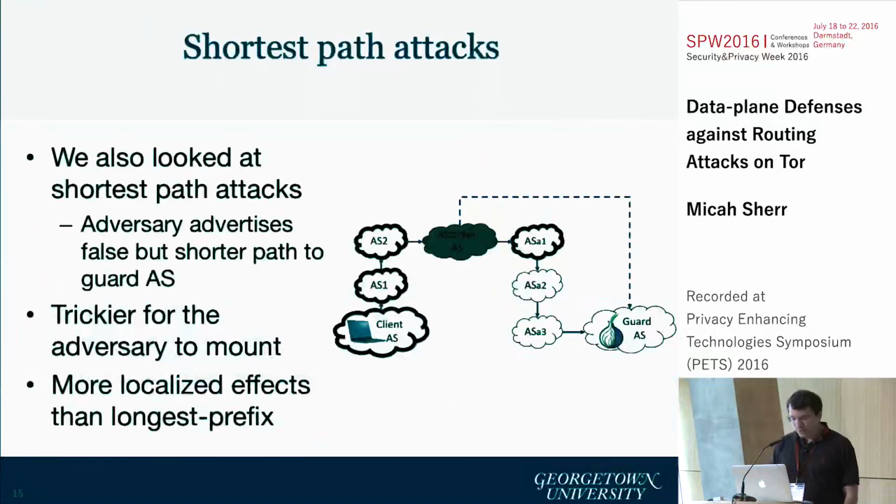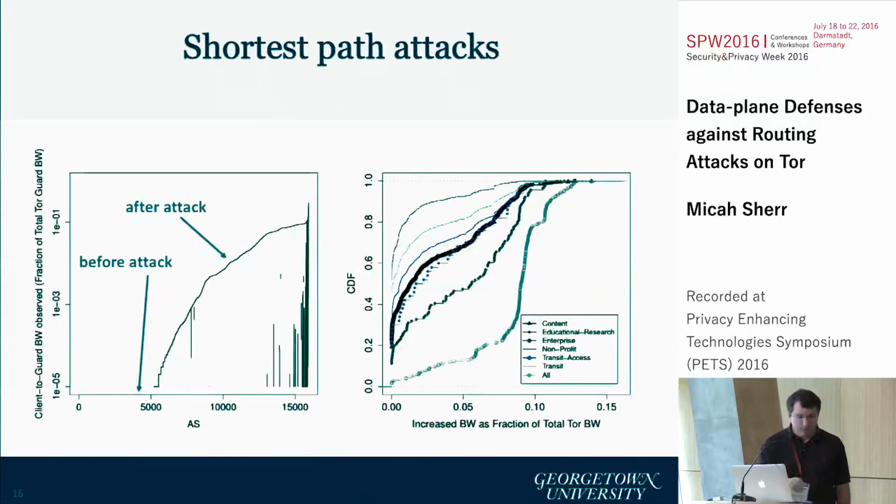We also looked at shortest path attacks. I'm not going to go into the details because the time is short, but there are plenty of details in the paper. What we found is shortest path attacks are more localized. They only affect a smaller group of relays and clients.